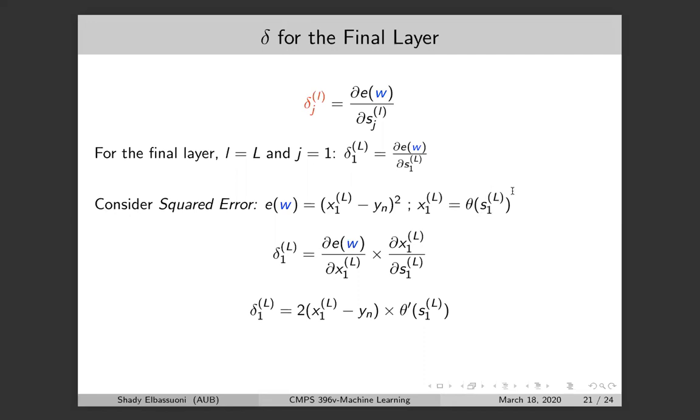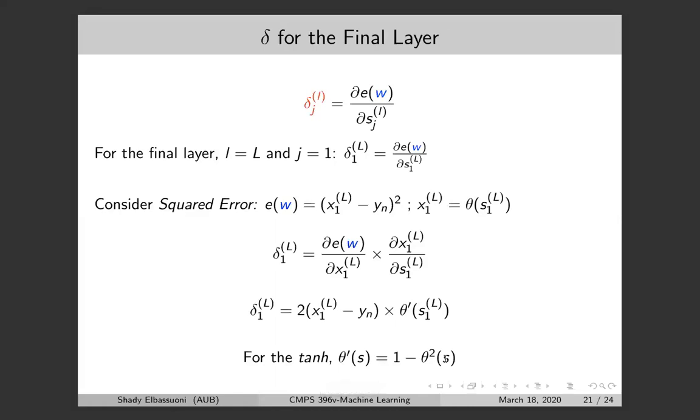It's theta dash of S1 of L. Theta dash is the derivative of theta. x1 of L is a function of S1 of L, so basically it's just the derivative of theta with respect to S1 of L. Given that theta is tanh, we know that theta dash of S is 1 minus theta square of S. You can verify this using the formula, e to the S minus e to the minus S over e to the S plus e to the minus S. If you take the derivative with respect to S, you get that theta dash of S is equal to 1 minus theta square of S. Okay? Good.